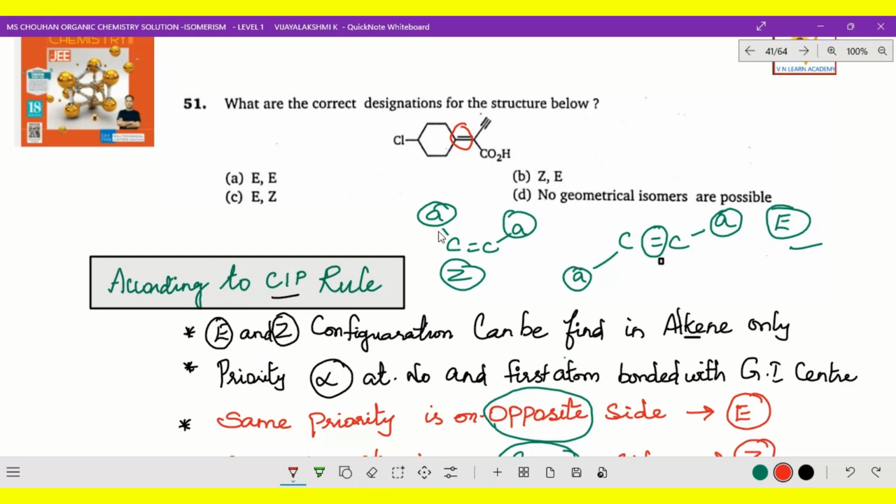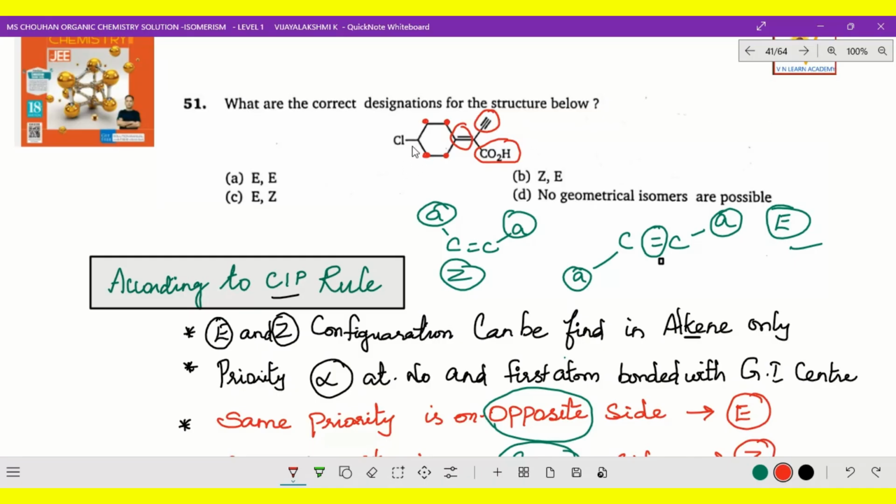Whereas here you have to check both sides, right? Here see, there is one CH2, and here also one CH2. And on the other one, also one CH2, and here also. That means there is no difference. Here a triple bond is there, and the acidic group is available, so yes, we can identify that side. But from here, suppose we give higher priority, we have to see this side also.